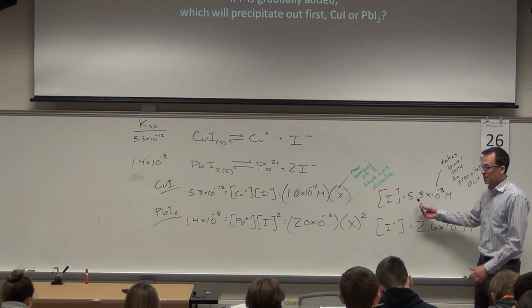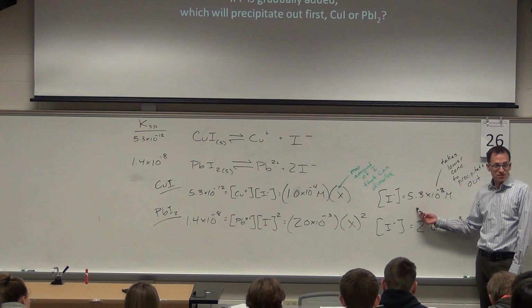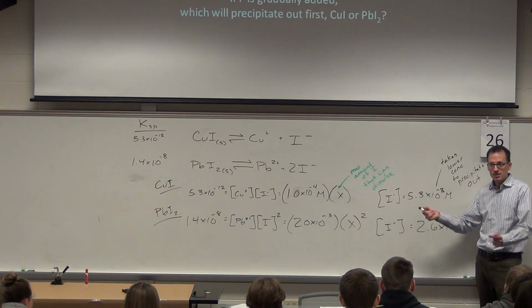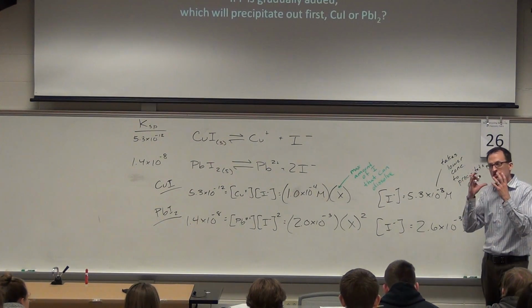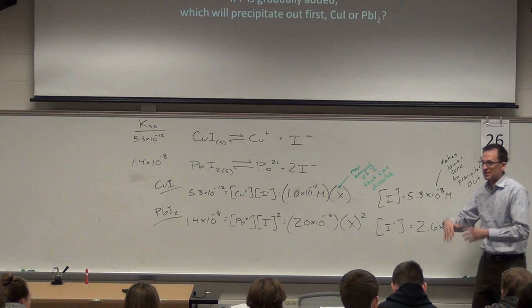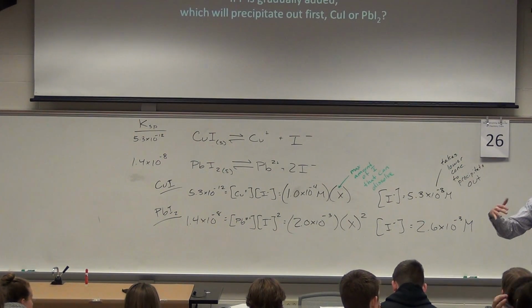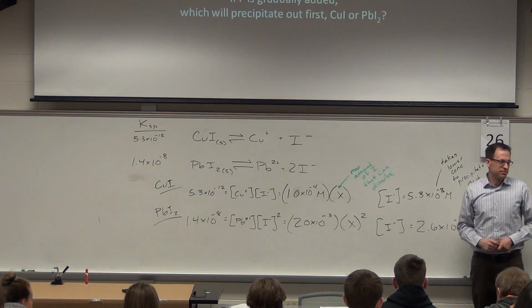Well, the answer would then be greater than this value. Anything more than this starts to precipitate. If you can even just have that register with you. The numbers that I get out of a Ksp are the maximum amount. Anything more will cause it to precipitate. Anything less will stay dissolved.